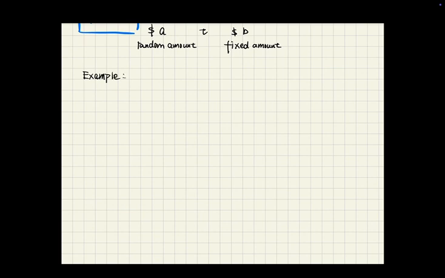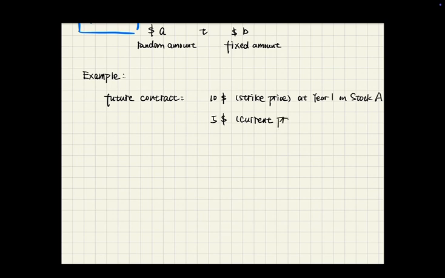Let's say you buy a future contract and the strike price was set to $10 per share at year 1 on stock A. After year 1, you have the obligation to buy stock A at the price of $10 per share.